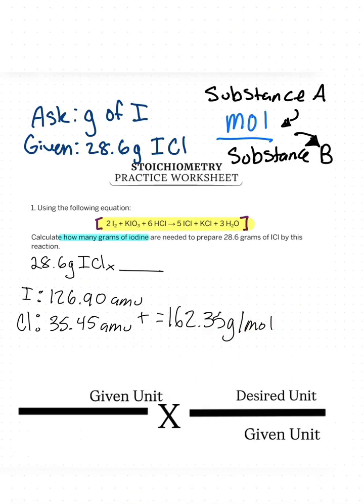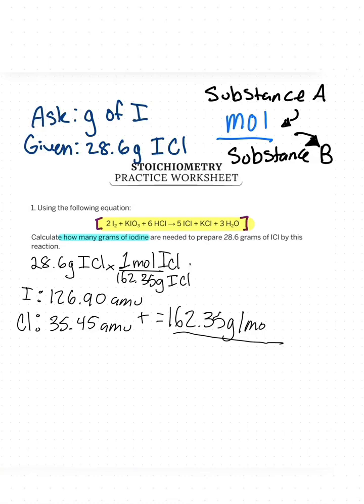Well, I would put 1 mole of ICl in the numerator and 162.35 grams of ICl in the bottom, because that's how it's read, 162.35 grams per mole, and that as a fraction is exactly this. So now we're in moles of ICl, and that's exactly what we want, because as we mentioned before, the only way to go from one substance to another is through the mole.